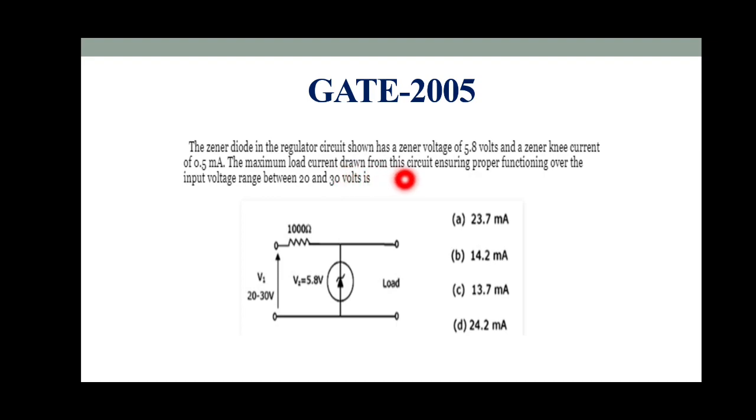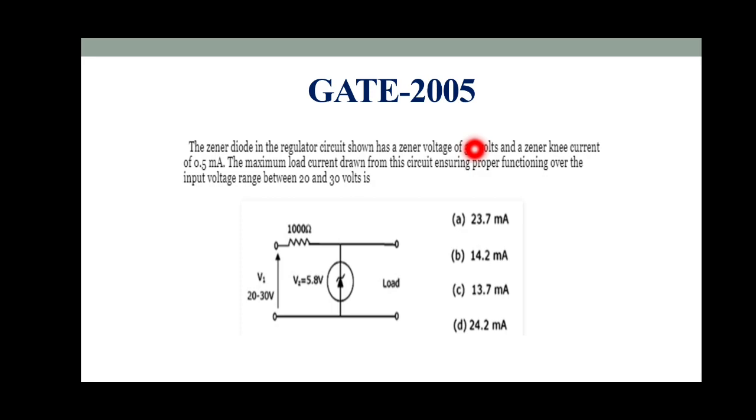What is the maximum load current drawn from this circuit ensuring proper functioning over an input voltage range between 20 to 30 volts? This V input varies from 20 to 30 volt. The minimum value of Zener current, that is the knee current, is 0.5 milliampere.